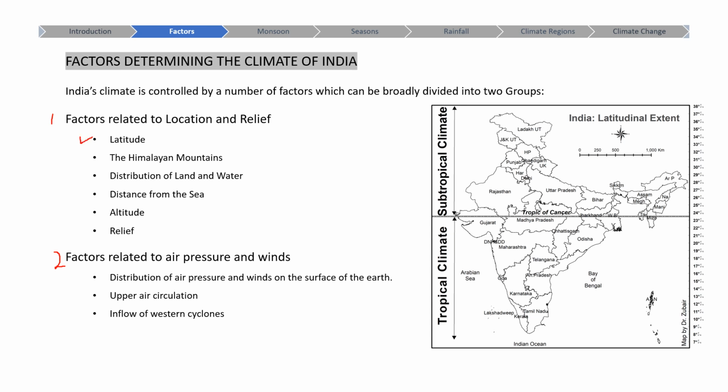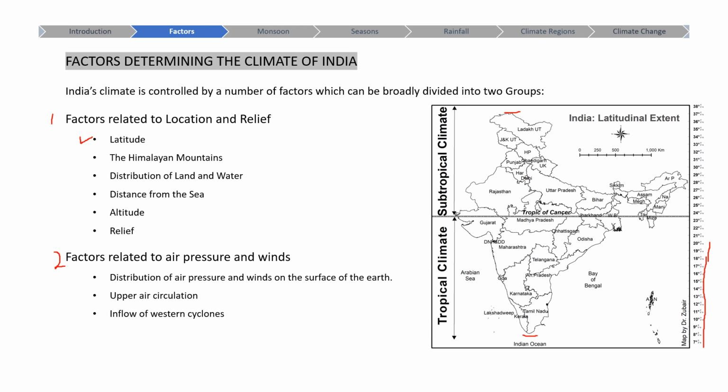As you can see in this map, the latitudes in India start from around 8 degree 6 minutes to around 37 degree north latitude.